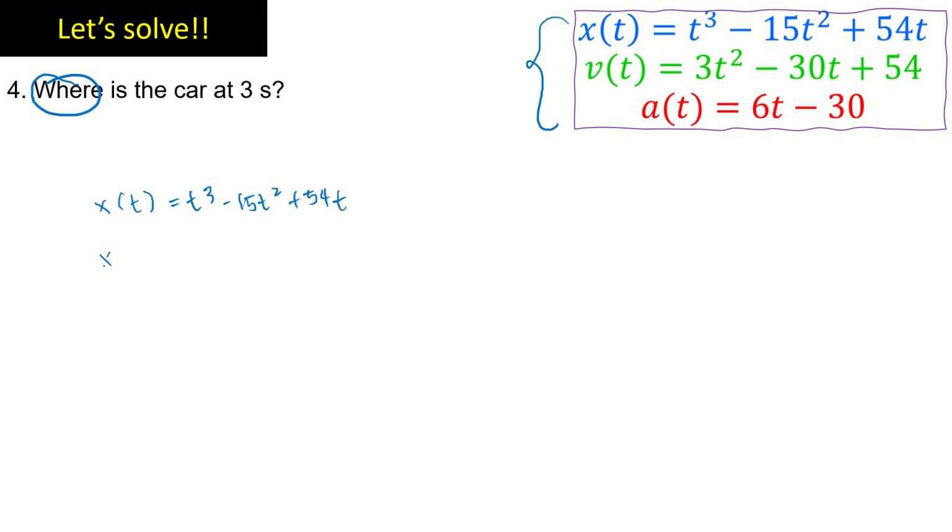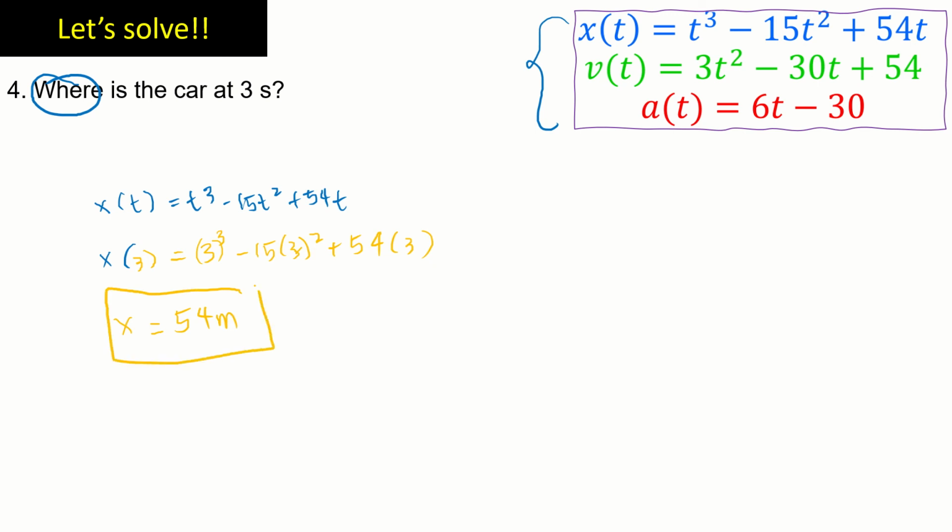So, the time is 3 seconds. Ayan, lagay natin. So, 3 cubed minus 15 times 3 squared plus 54 times 3. So, input in your calculators, you should be getting a value. The value of the position of the car is 54 meters.